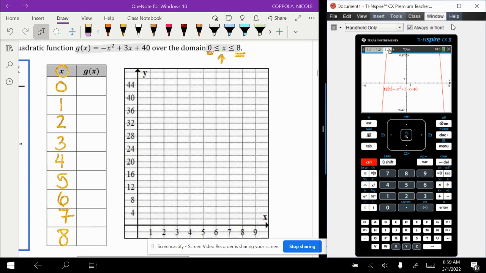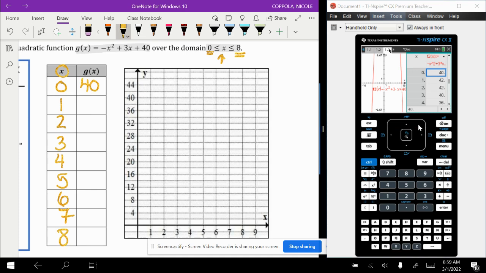You can choose to menu trace, or I can control T. I'm going to start at 0. And now I'm just copying all of these values in. 1, 42, 2, 42, 3, 40, 4, 36, continuing to copy 5, 30, 6, 22, 7, 12, and the last one I have to pick up is 8, 0.